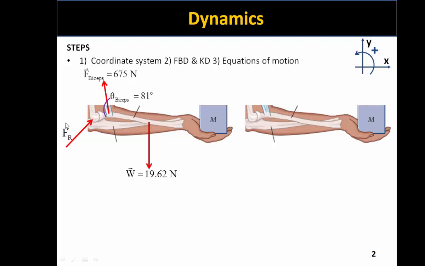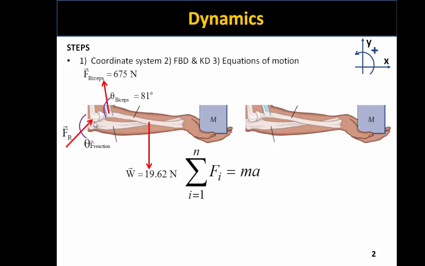For consistency purposes, we'll stick with the FR representing the reactionary forces taking place at the point of the external contact of the system, and those reactionary forces are in response to the biceps force and the weight of the forearm. And one final variable that we have to be aware of, that will describe the direction of that reaction force, is theta, the angle of that reaction force from the horizon.